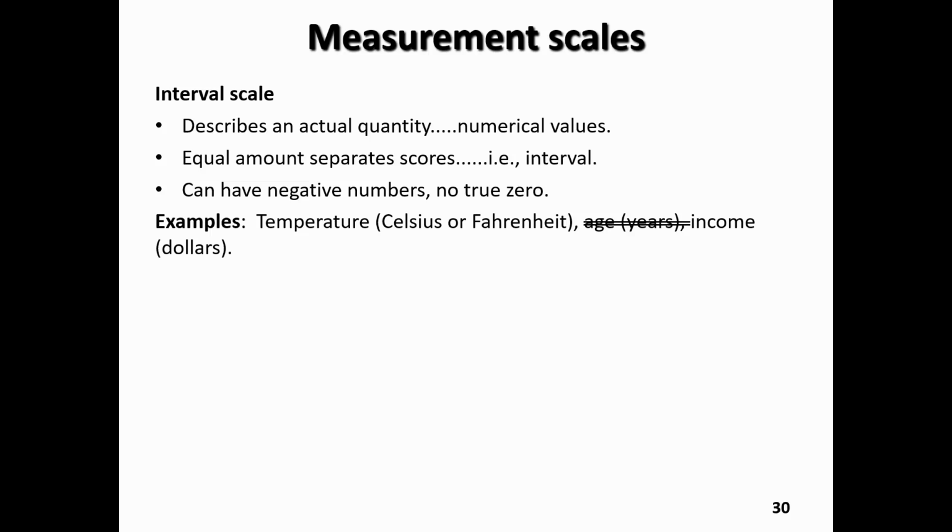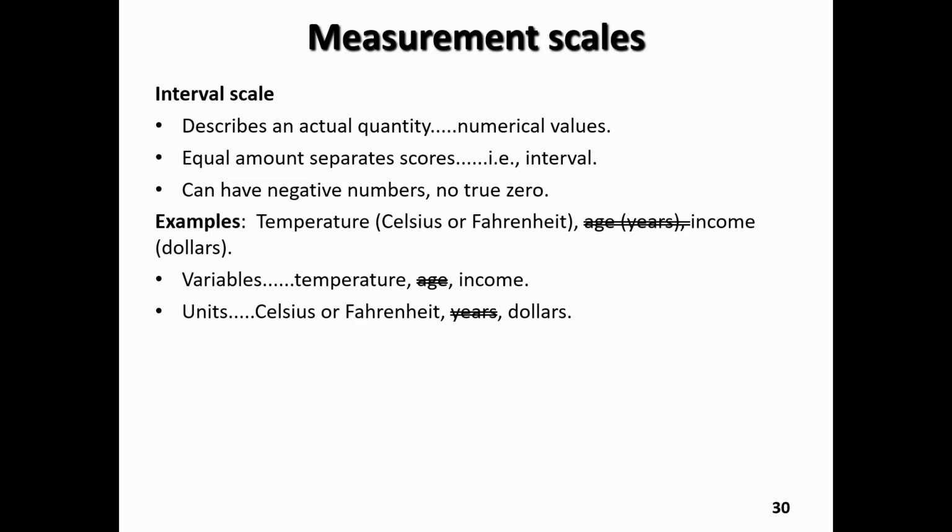And the two examples I'm going to use here, so scratch age, is temperature, measured in Celsius or Fahrenheit, and income level in dollars. So in this example, the variables of these two examples, so once again we're going to scratch out age here, include temperature and income. We would just label these variables as such, and our variables in this case have units, and we did not see that with the nominal and the ordinal scale.